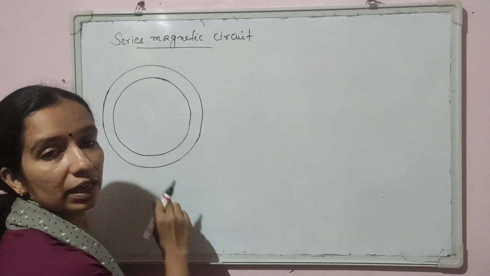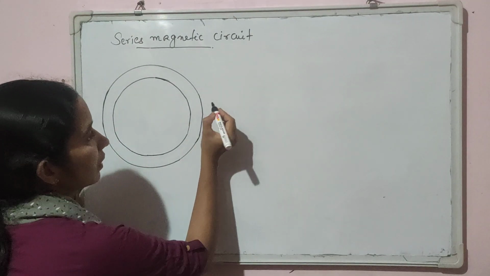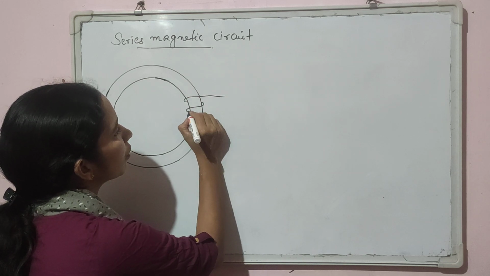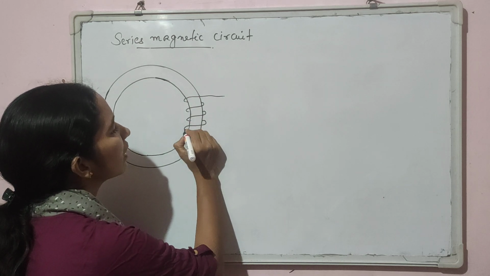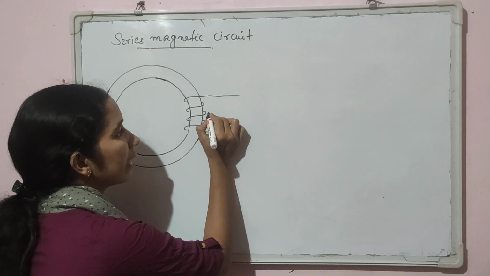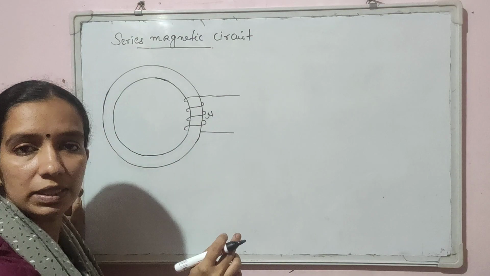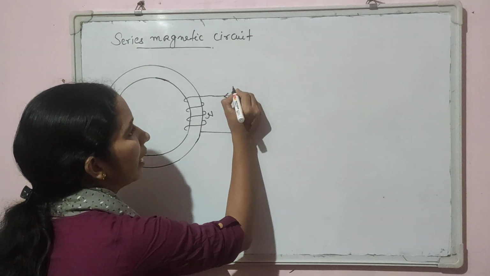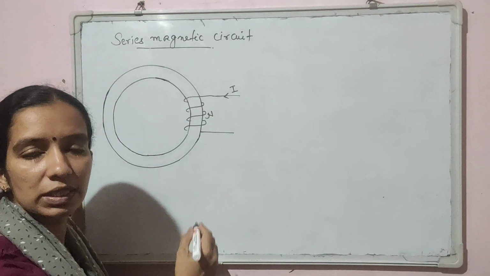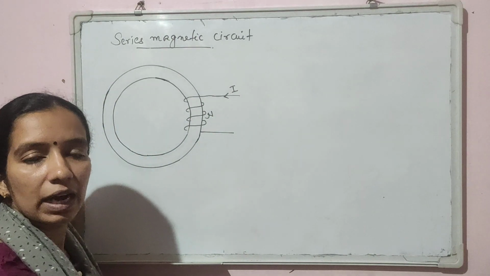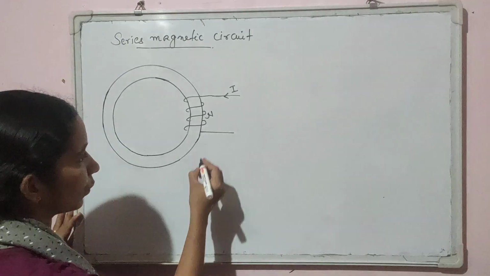So consider an iron ring and let a current carrying coil of N number of turns be wound over this iron ring. If a current of I amperes flows through this coil, an MMF of NI ampere turns is produced.